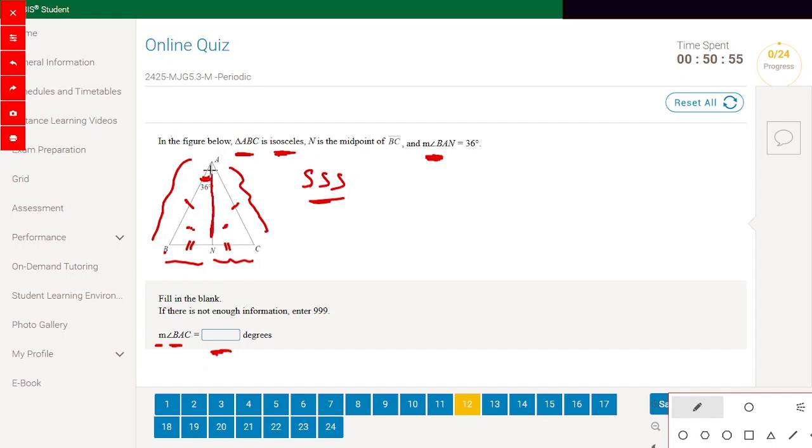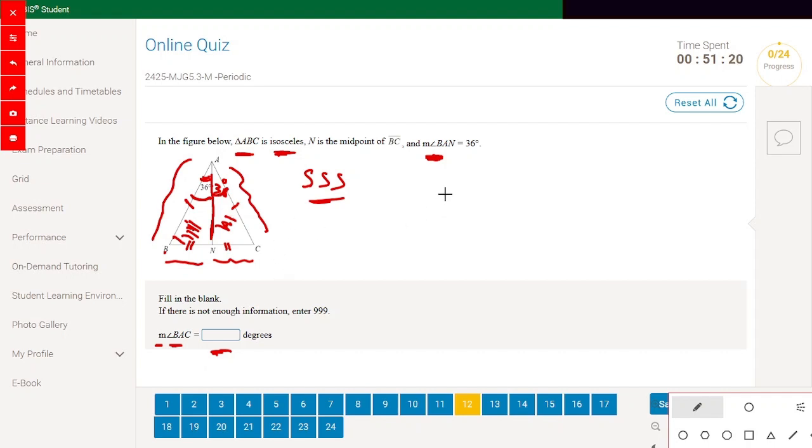This is the reflexive property. So that means these two triangles are congruent, so the corresponding angles are equal. So if angle BAN is 36, the angle NAC is 36 also.